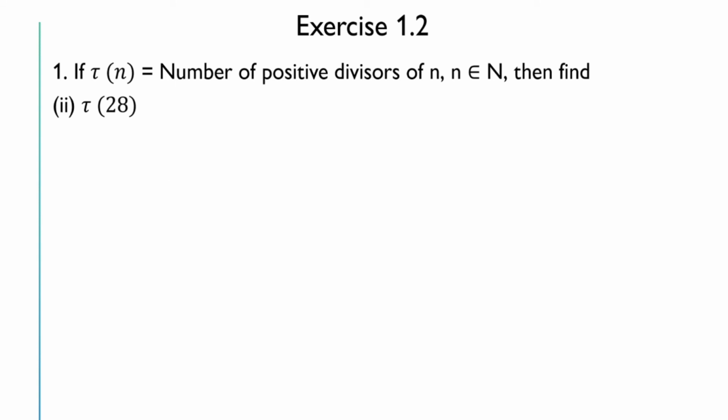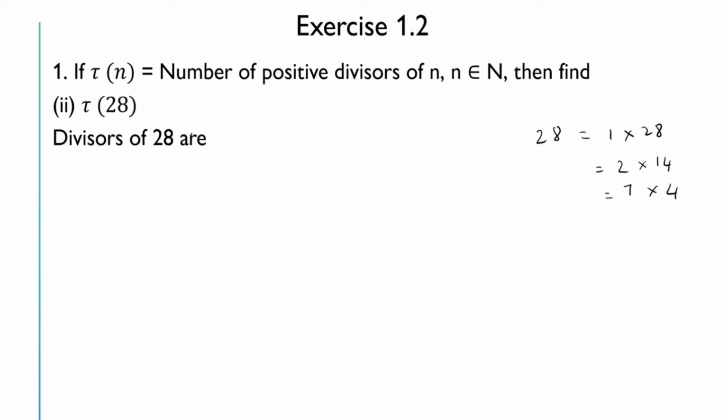The next question is tau of 28. That is, we have to find the number of positive divisors of 28. So we can write 28 as 1 into 28, or 2 into 14, then 7 into 4.